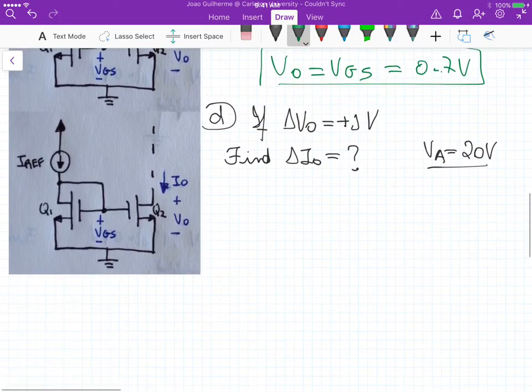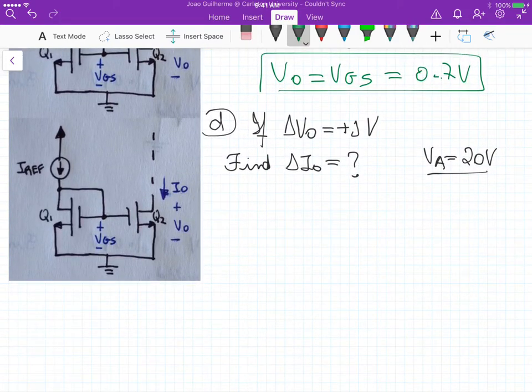For part D, if we have a change in the output voltage of 1 volt, what's the change in the output current if we consider an early voltage of 20 volts? We know that delta I naught, the change in I naught, equals delta in the output voltage divided by VA of the second transistor, times I naught.